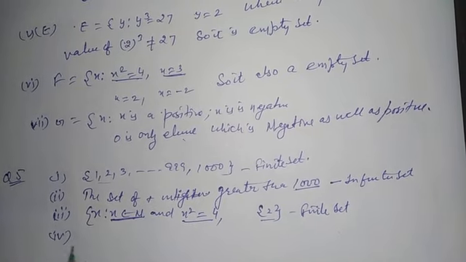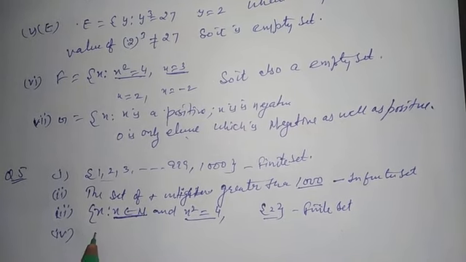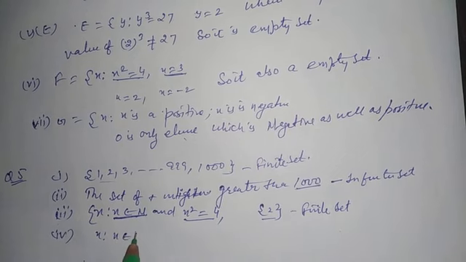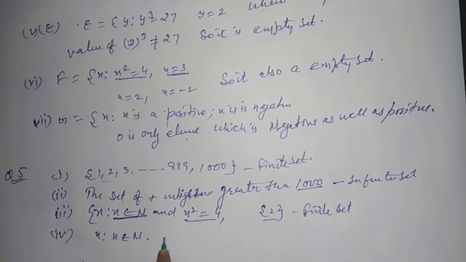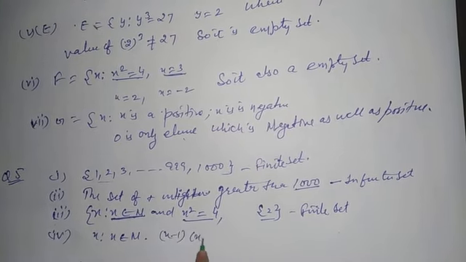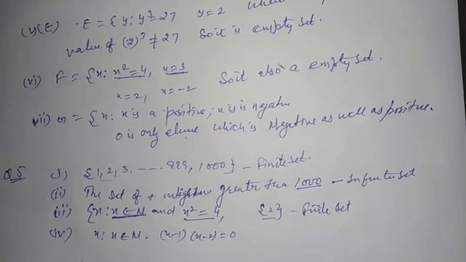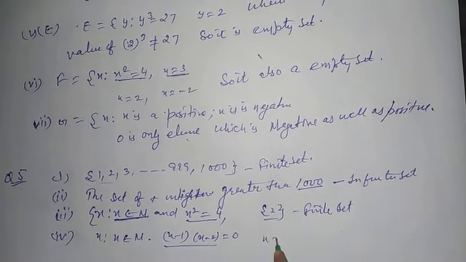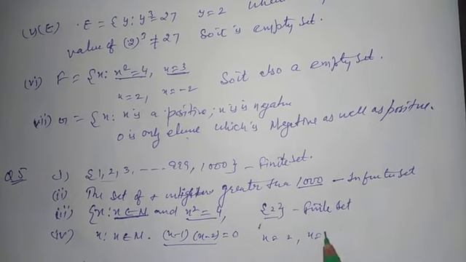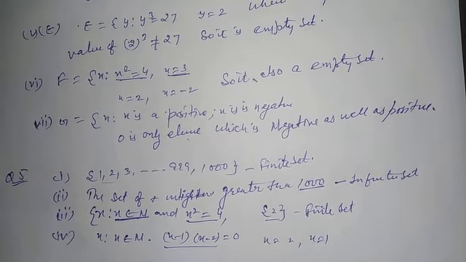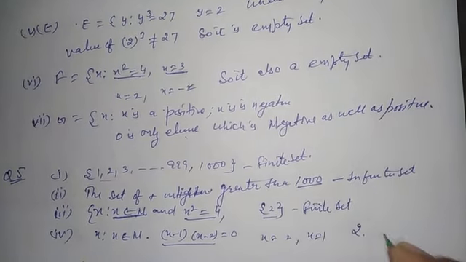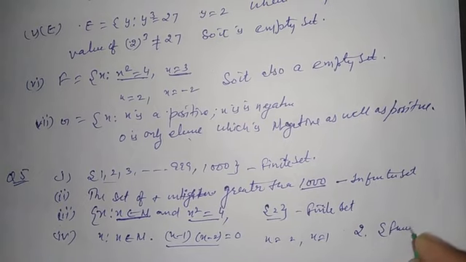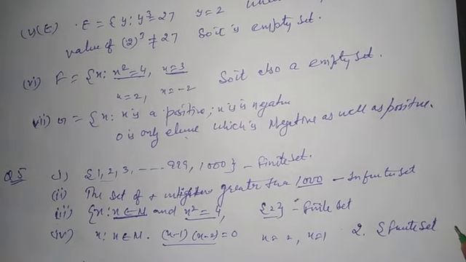Fourth part, x belongs to N, x minus 1, x minus 2 is equal to 0. When we solve this, x is equal to 2, x is equal to 1. The set has 2 elements, so it is a finite set.